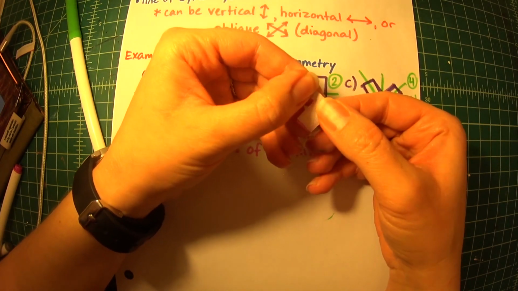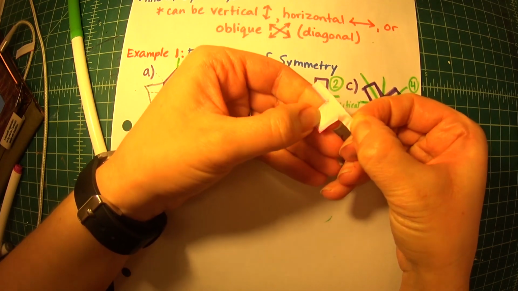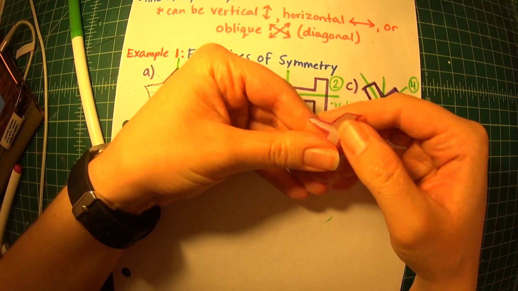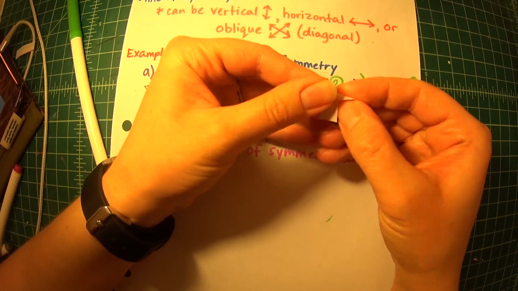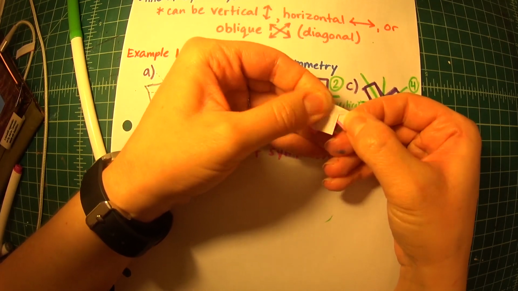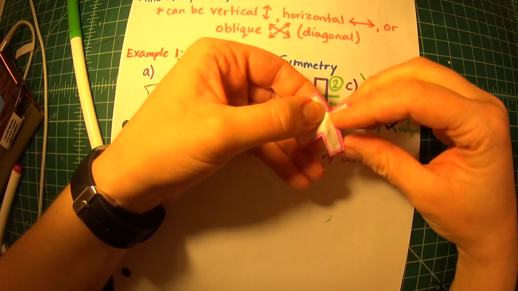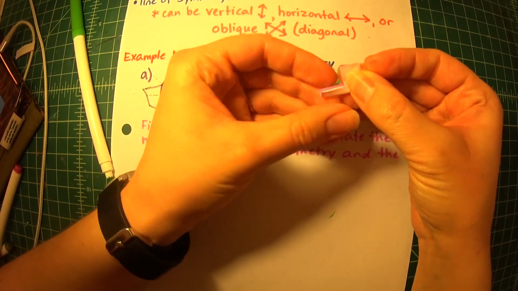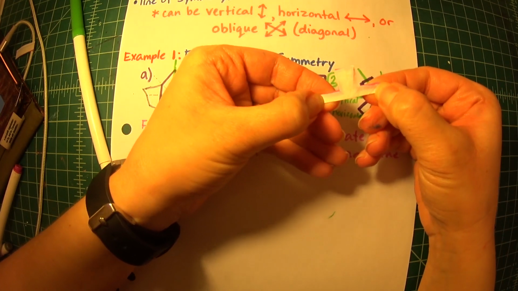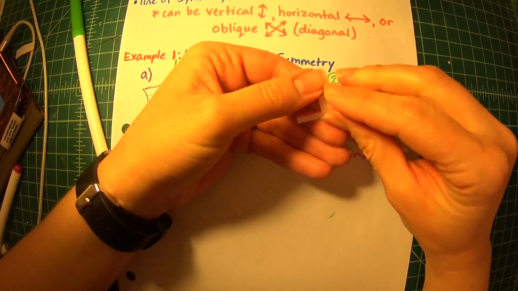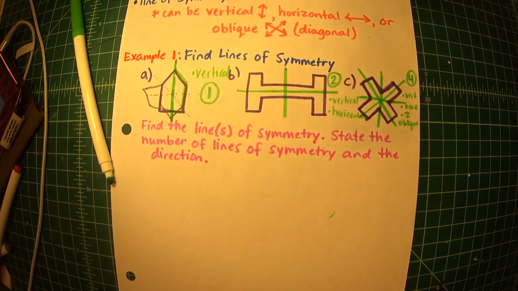Oblique matches up. But if we change the oblique line slightly, if we put it at a slightly different angle, you can see now it's not matching up. So my two oblique lines are pretty precise, and it is definitely limited to those two. So there's the other oblique one. So that's it, 4 lines of symmetry for that one.